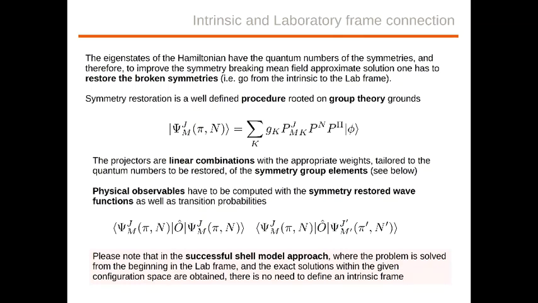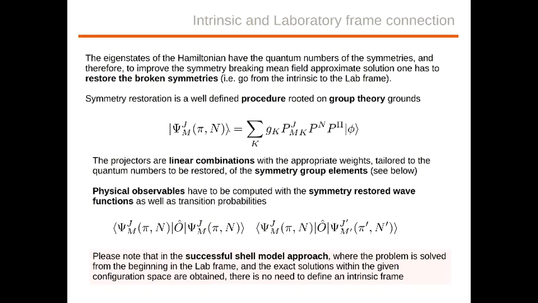But the idea is that you have this wave function that is this psi on the left-hand side of this equation, that is a wave function with the proper quantum numbers of the symmetries of the system, that is given in terms of some symmetry restoration operators acting on the intrinsic wave function, right?